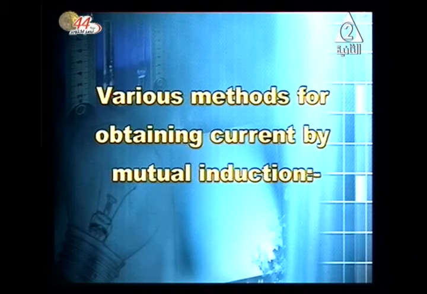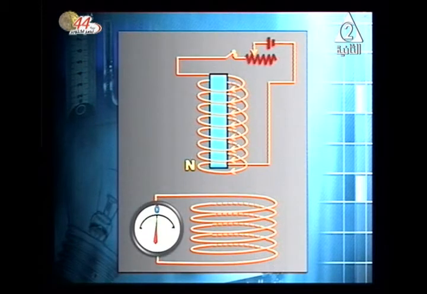Now talking about the various ways for obtaining current by mutual induction. In front of you we've got two circuits, one which is the primary circuit, which consists of a battery, switch, rheostat, and a coil. And inside the coil there is a soft iron core.